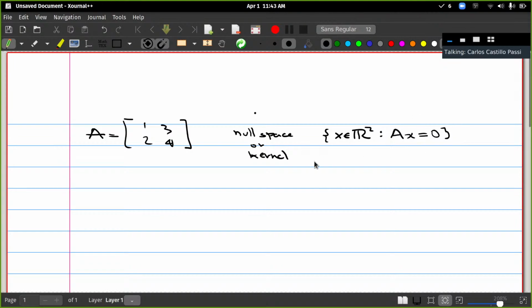That's the null space, by definition, or just the mathematics of it.